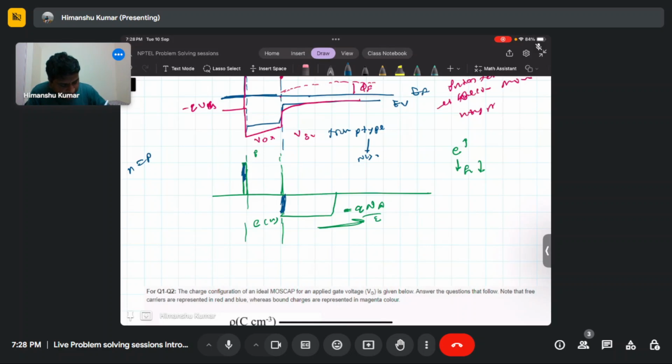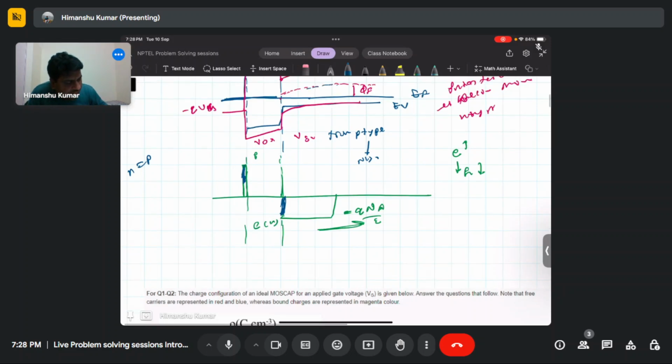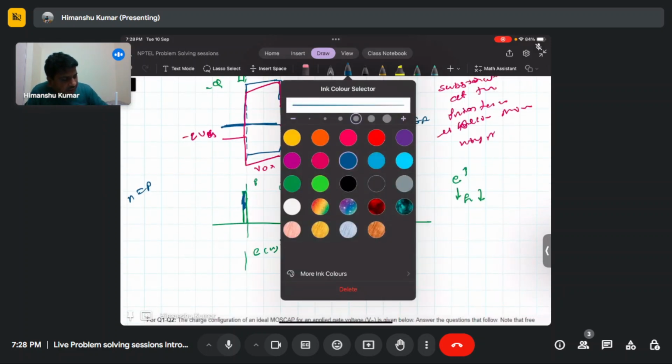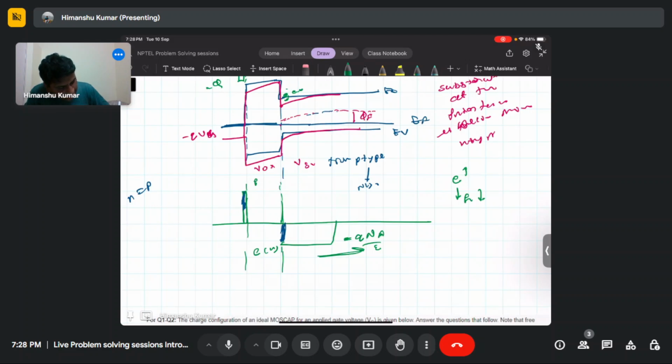So then it will be inverted, and in that case this band bending will be such that this bending is 2 phi f compared to the zero Fermi scale.